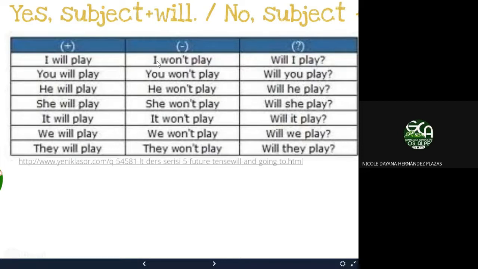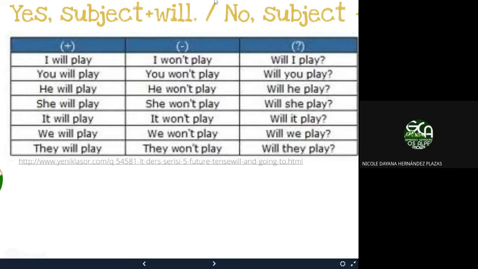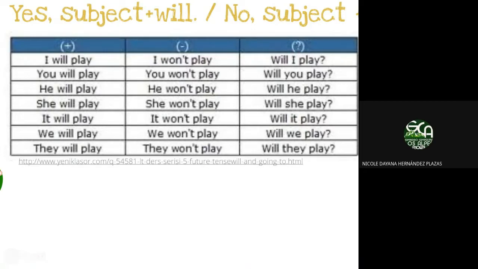In negative, subject, the word won't, and the verb. And in interrogative, the first thing you are going to write is will. Will I play? Questions about it? Please take notes of the examples and then you are going to solve some exercises. Go ahead. Please take notes.